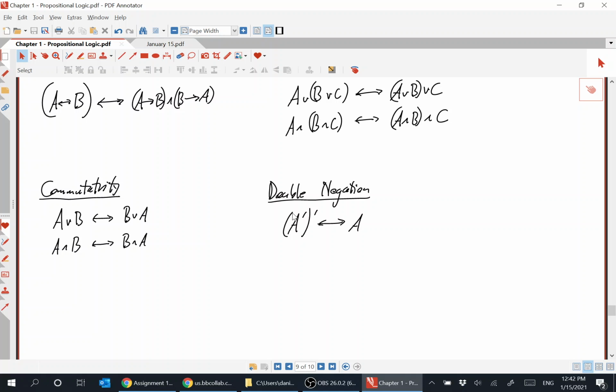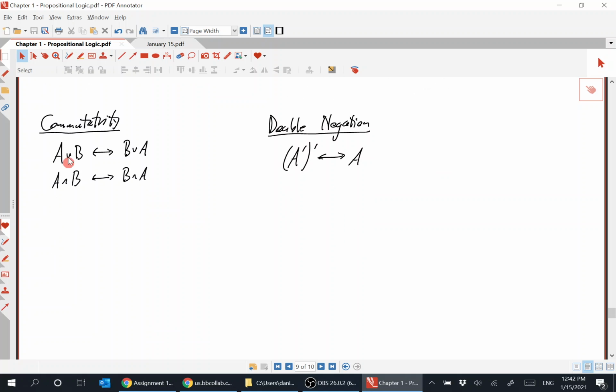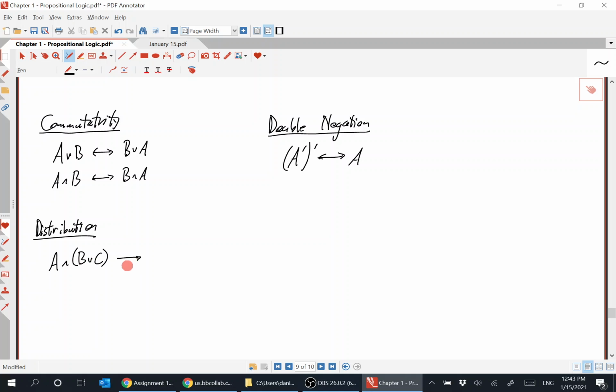Distribution. This is a nice one. A and (B or C). So a conjunction and then a disjunction, where the disjunction comes first. Remember, you can't write A and B or C, that's ambiguous, because neither disjunction nor conjunction has precedence over the other.